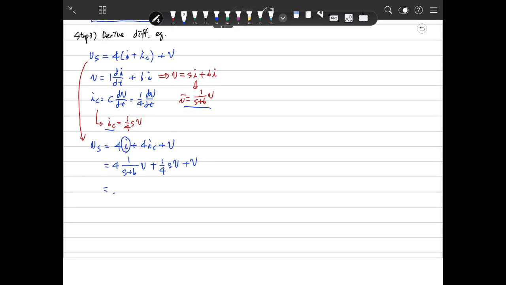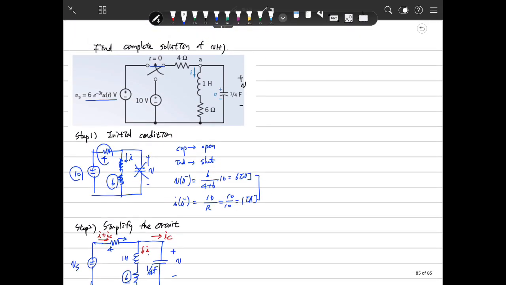So we simplify more: s plus 6, 4 plus, here it is 4, it's 1s plus 1, V. Therefore, we can simplify: s plus 6 and s squared plus 6s plus s plus 6 plus 4, V. There will be (s plus 6)Vs equal to (s squared plus 7s plus 10)V.